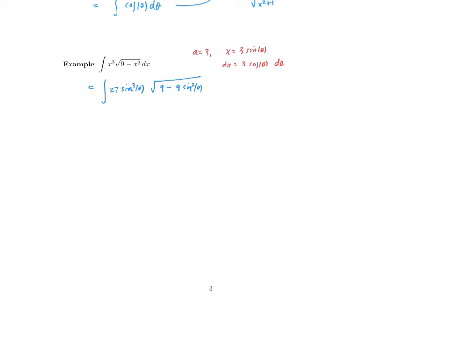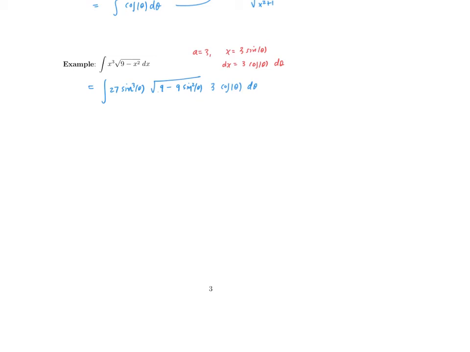And finally, the dx is going to become 3 cosine theta d theta. As I claimed before, typically when we substitute in, it's going to look messy. But ideally, we're going to get quite a few simplifications to occur.